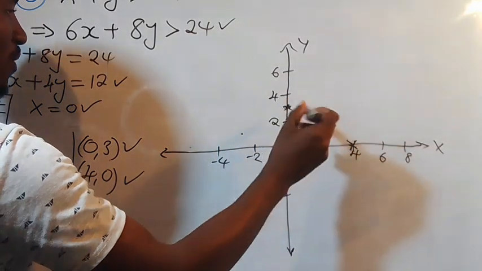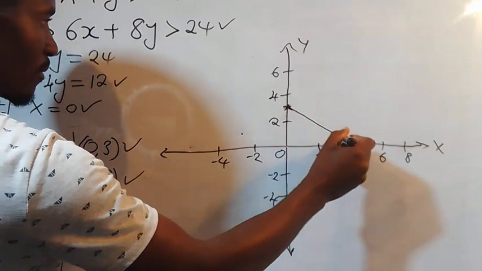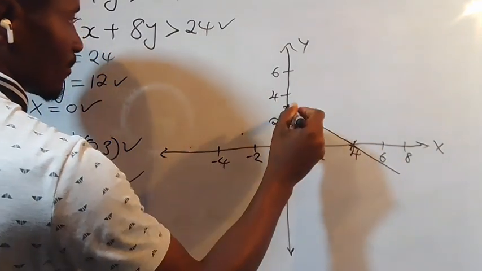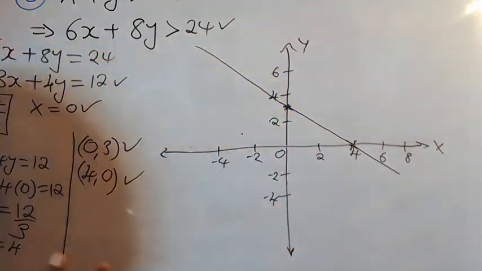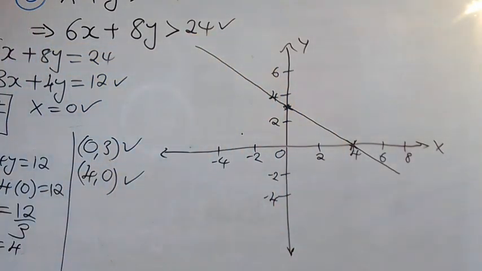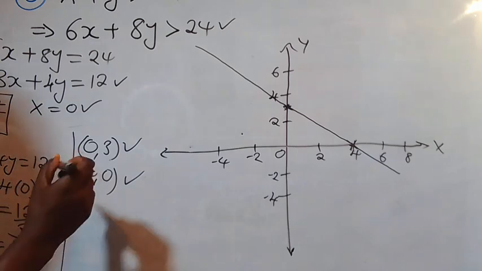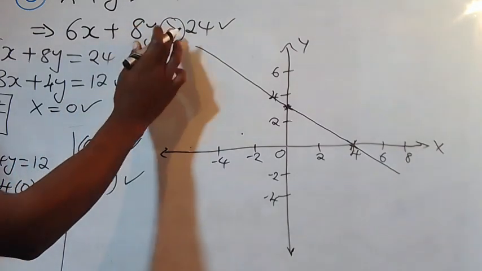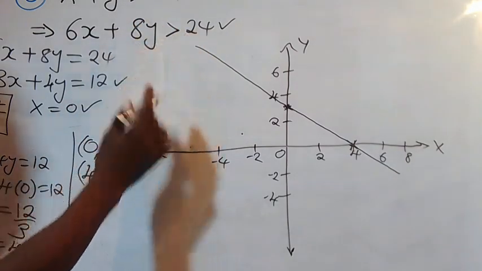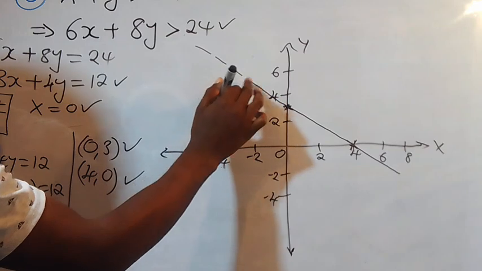Don't worry about my graphing, because I'm not actually using this on the actual thing. Now, because our inequality has this symbol, there is no equal to, so the line should be dotted.